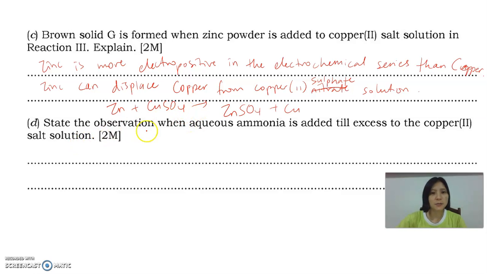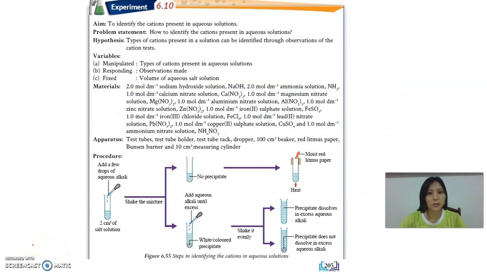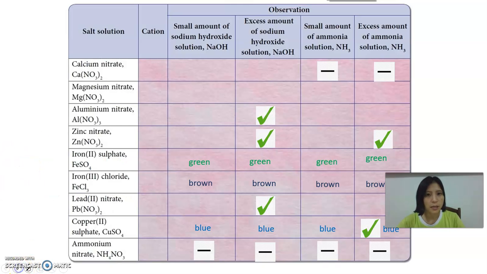State the observation when aqueous ammonia is added to excess copper(II) salt solution. The copper(II) salt solution we are talking about is this copper(II) sulfate solution, so it has copper(II) ions. What will happen if we add ammonia solution? You have to look back at your textbook, not this page, sorry, the next page.